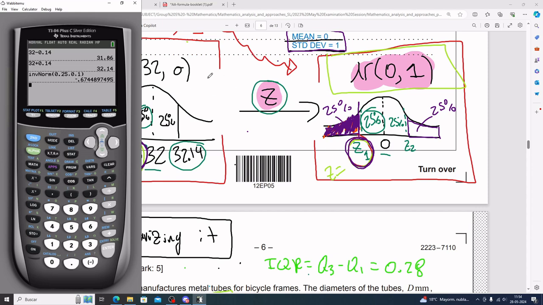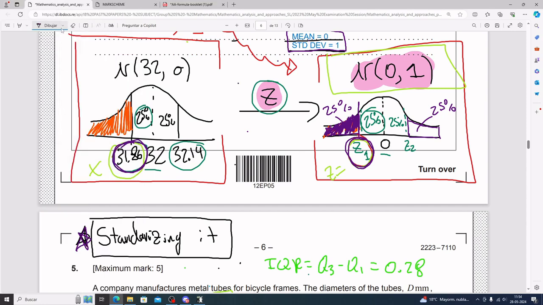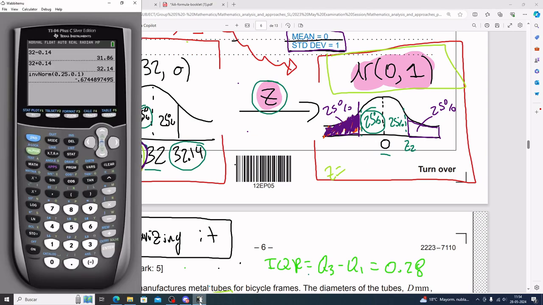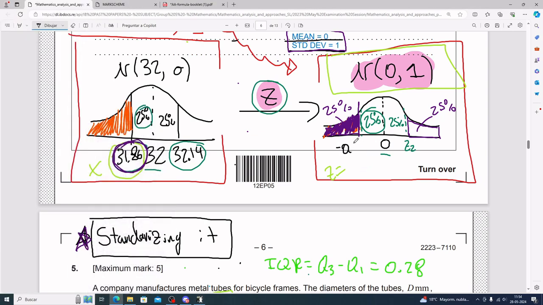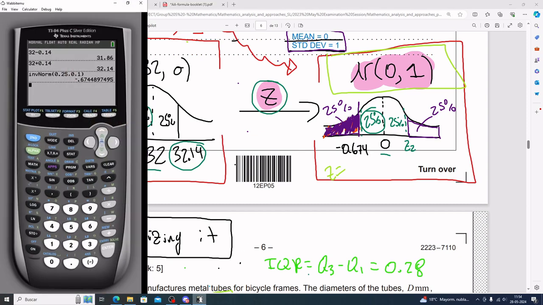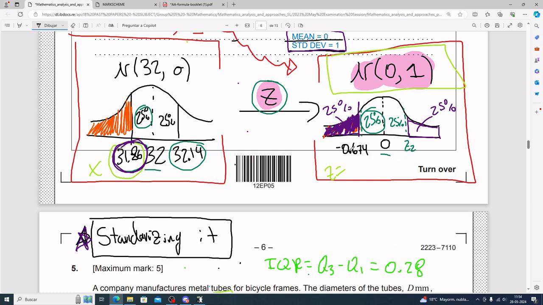So what this is saying is that your z1 value is negative 0.674. Significant figures, we leave it like that. So this value here is negative 0.674.